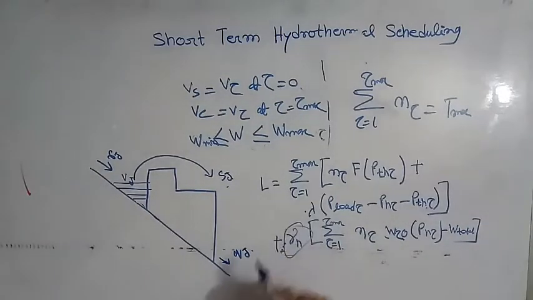Now this gamma h is the constant which converts the incremental water cost equivalent IC.